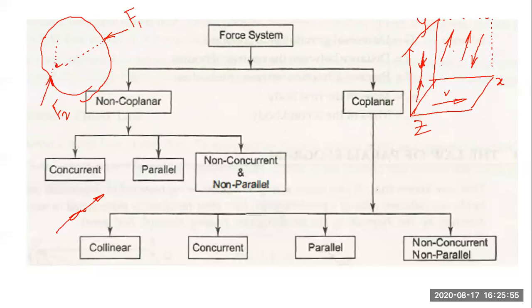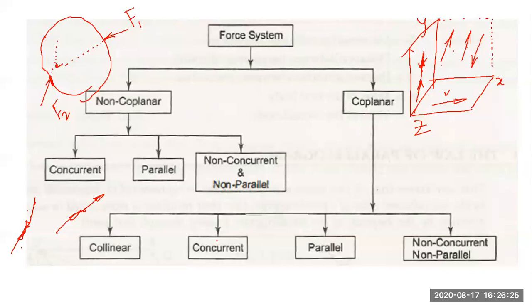So these two forces are collinear. Now, these two forces, F1 and F2, they are like collinear. If one force is like this, and another force is in the same line of action but in the opposite direction, then these two forces are unlike collinear.